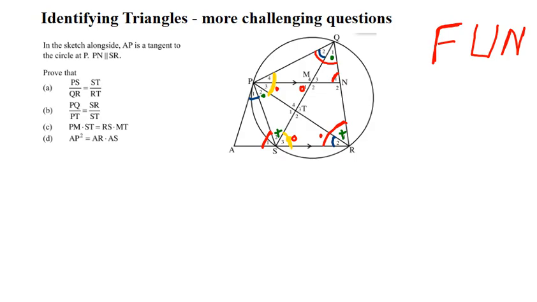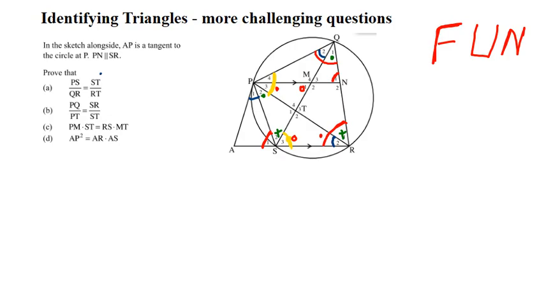All right. So the top-bottom approach says I must check if triangle PST exists. Does triangle PST exist? Looking at my sketch, it does appear that there is a triangle called triangle PST.